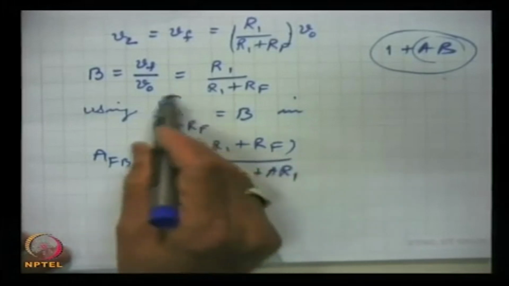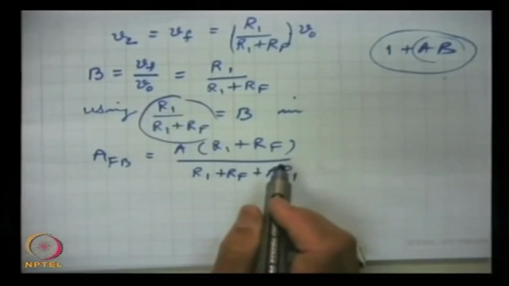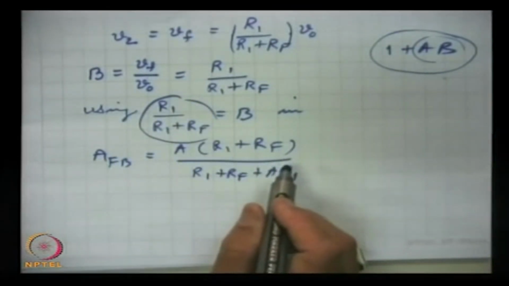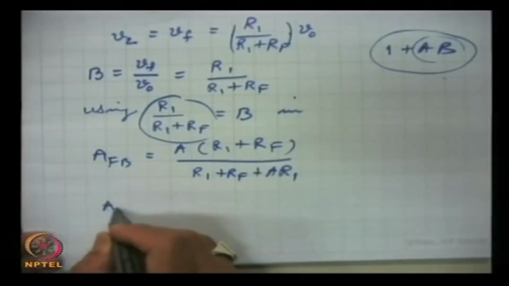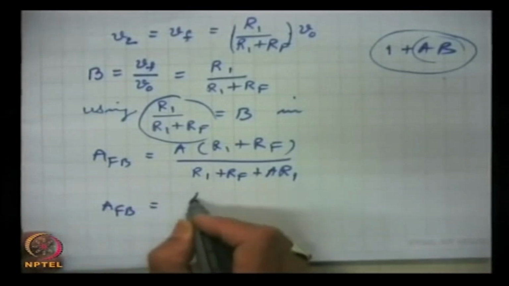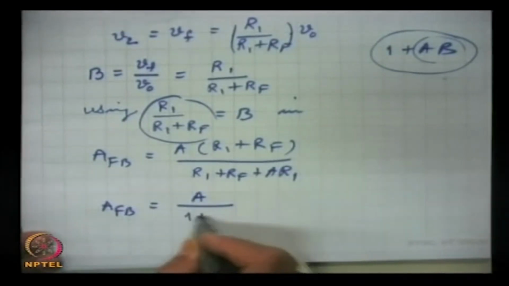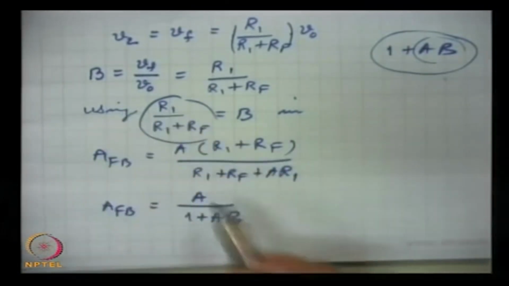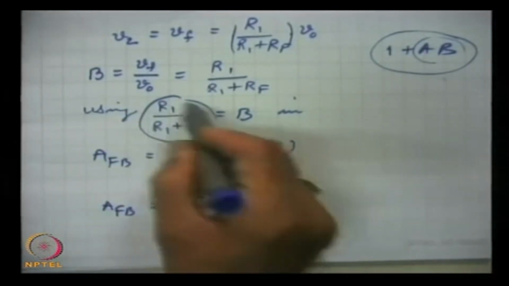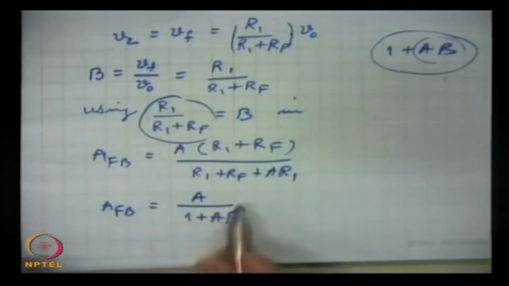If we use this, then AFB can be written as A by 1 plus AB. Just substitute like this, and this becomes this.